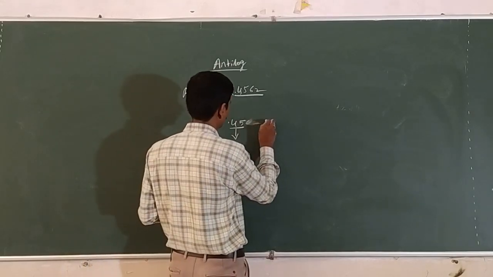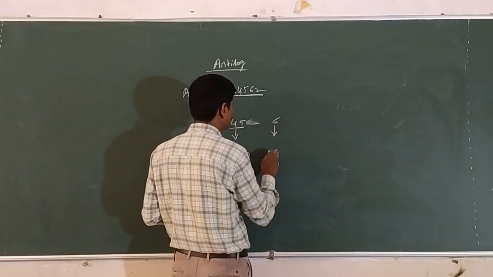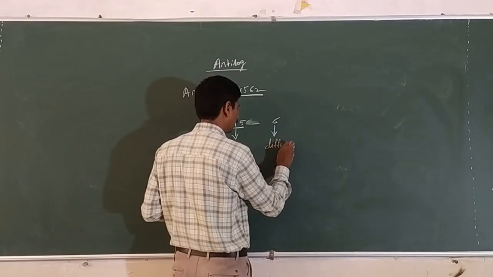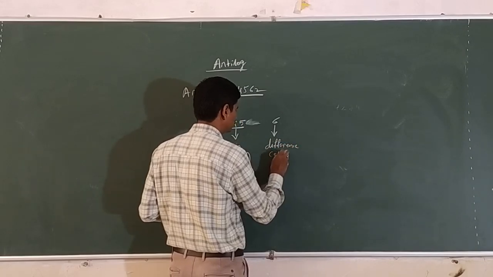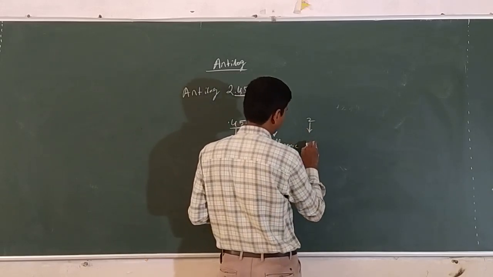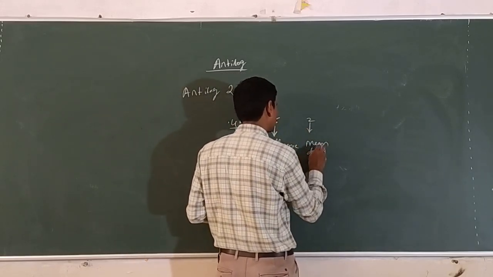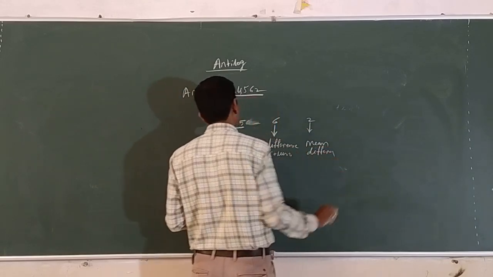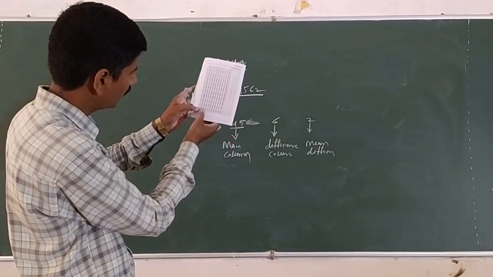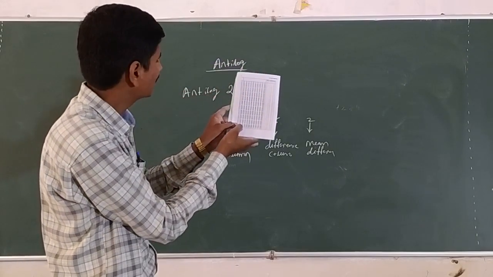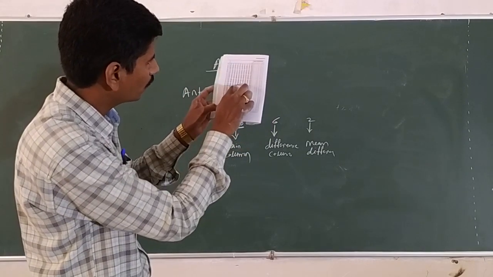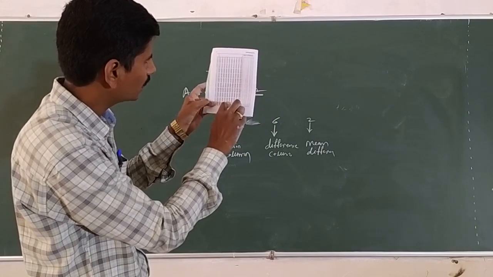The next digit 6 you have to search in the difference column, and 2 you have to search in the mean difference column. See here, 0.45 is here. The next third digit is 6, so refer to the 6 column.